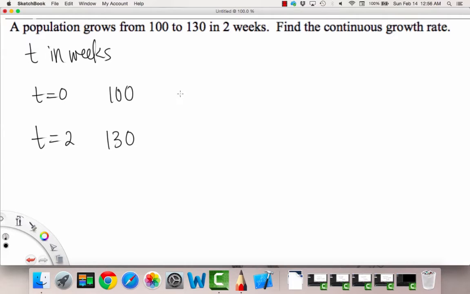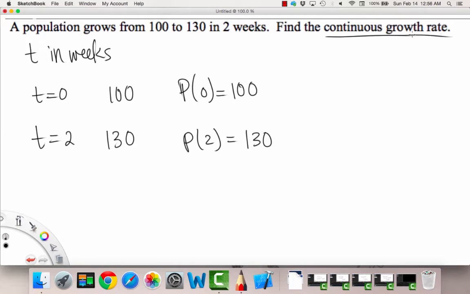So basically, if P represents the function that models population, we could say P of 0 is equal to 100 and P of 2 is equal to 130. We know, because we've learned before, the formula for continuous compounding, or rate of change: A times e to the rt.